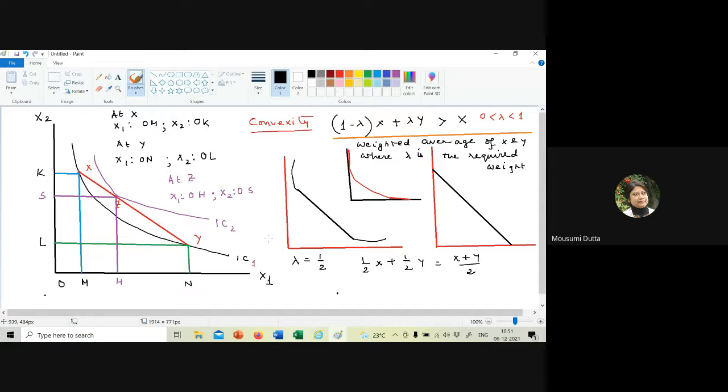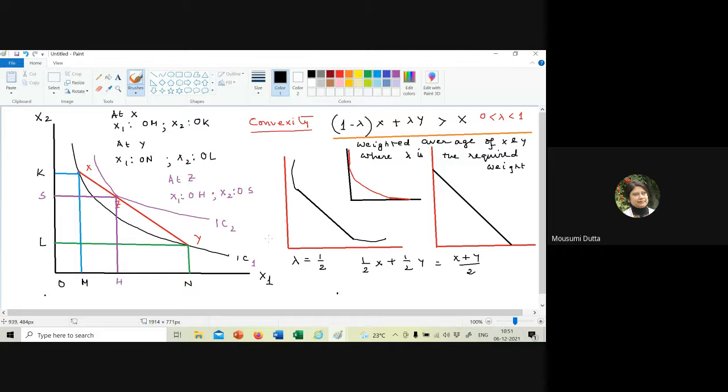So putting all these matters together, any weighted average is also called the convex combination of 2 points x and y. Z is basically a convex combination of 2 points x and y.